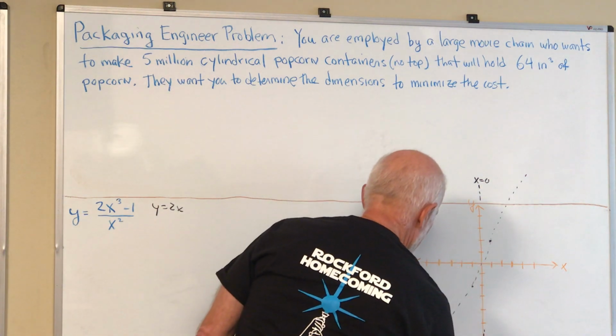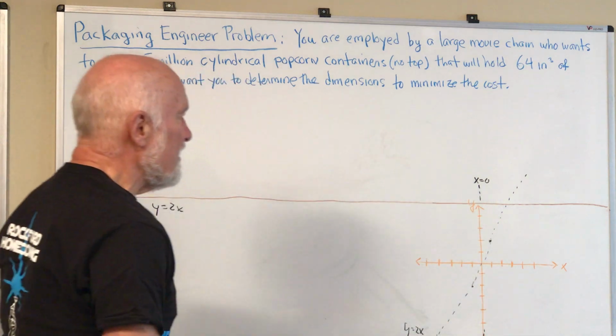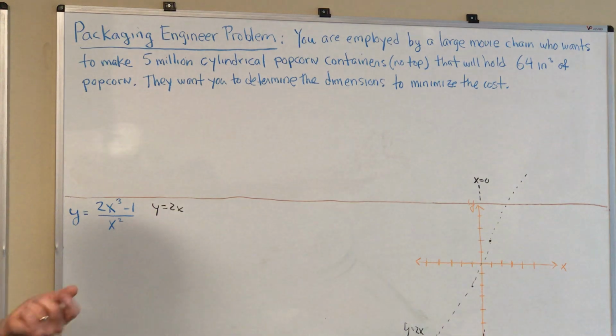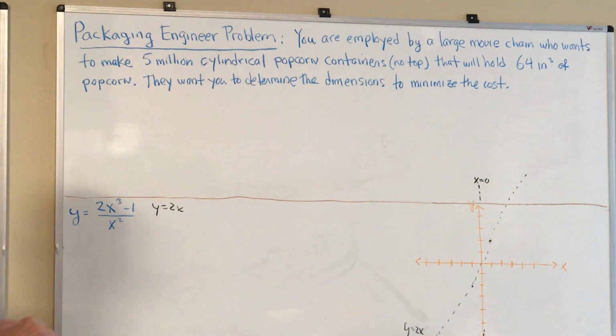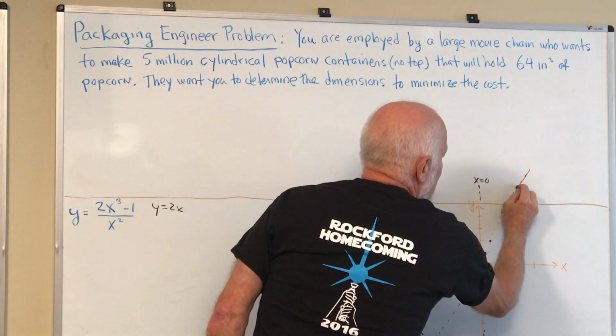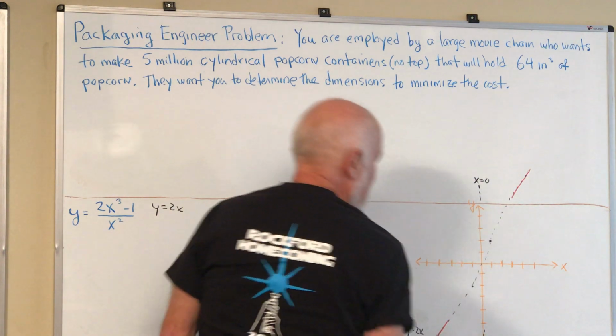So I have y equals 2x. And basically, they're asymptotes, so the function never quite touches it, but it looks so close to the function that we can actually sketch the function to look pretty much just like what the asymptote does at those ends.